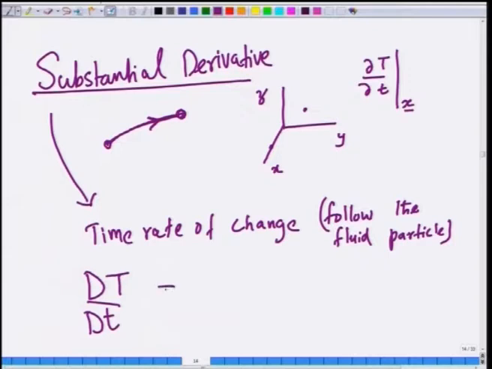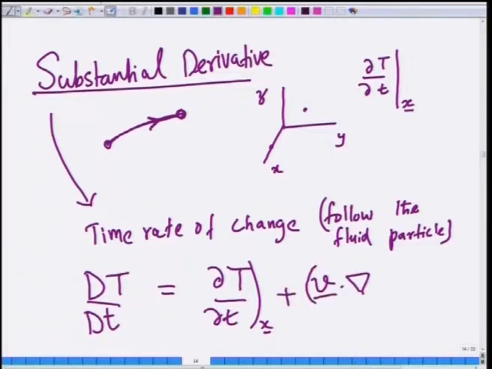The substantial derivative of, let us say, temperature is not just equal to the local derivative, but there is also a convected increase of temperature because the fluid is moving.